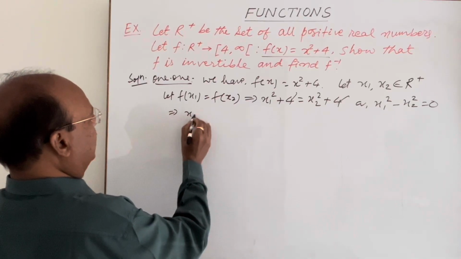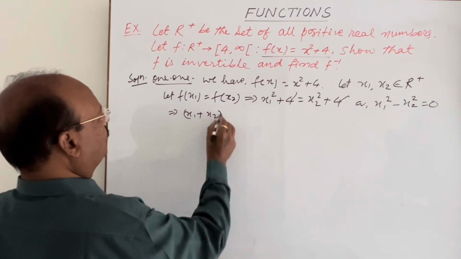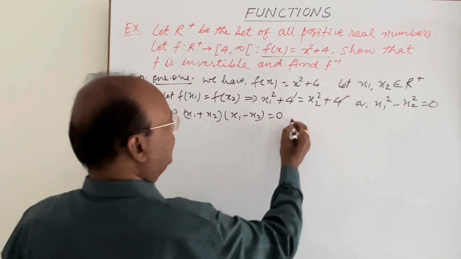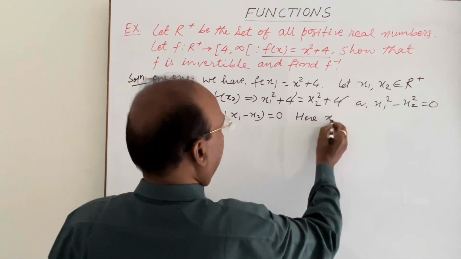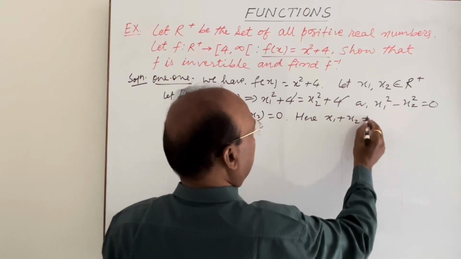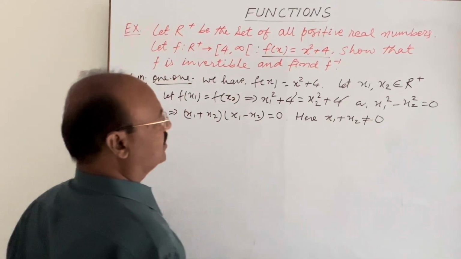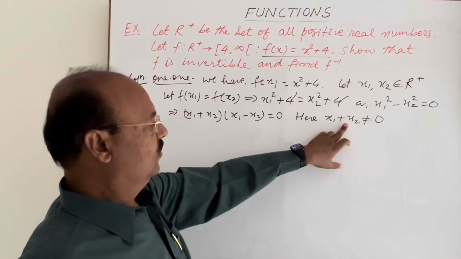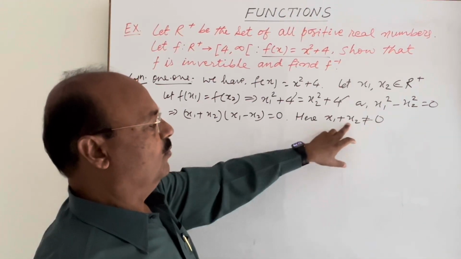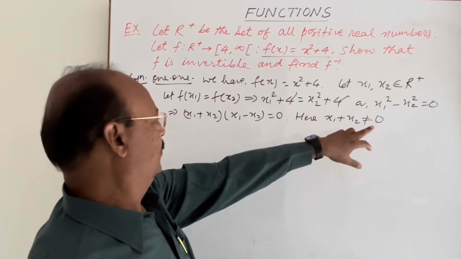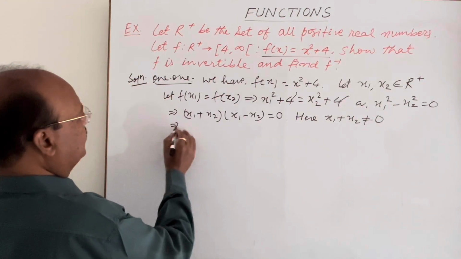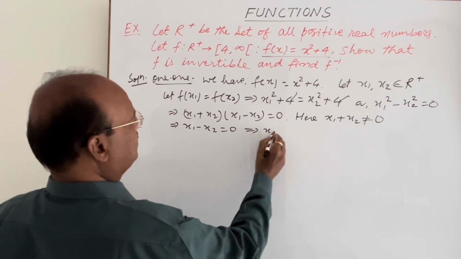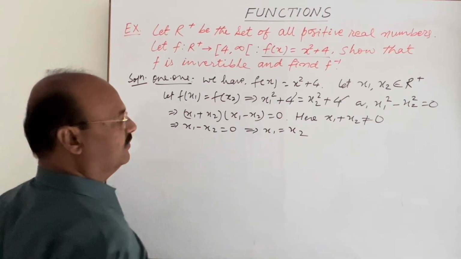This implies that (x1 plus x2) into (x1 minus x2) is equal to 0. Here x1 plus x2 will not be equal to 0, since x1 and x2 are positive real numbers. The sum of two positives will not be 0. So this implies that x1 minus x2 is equal to 0. This implies that x1 is equal to x2.